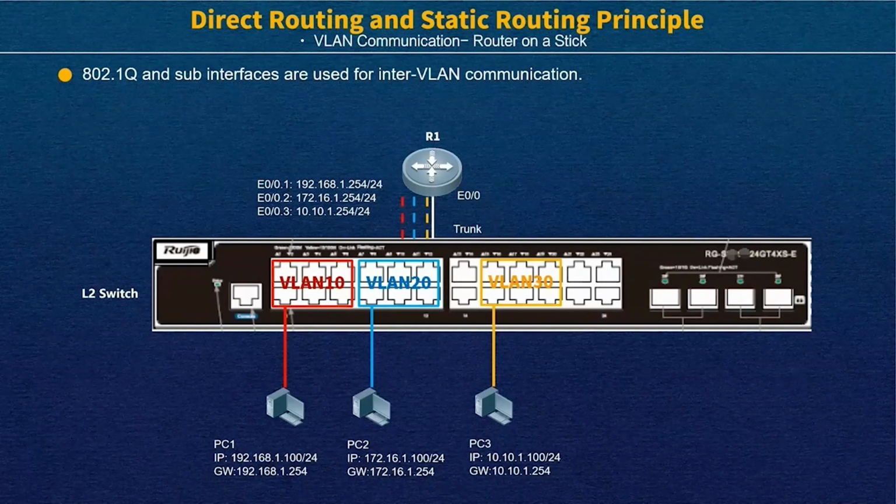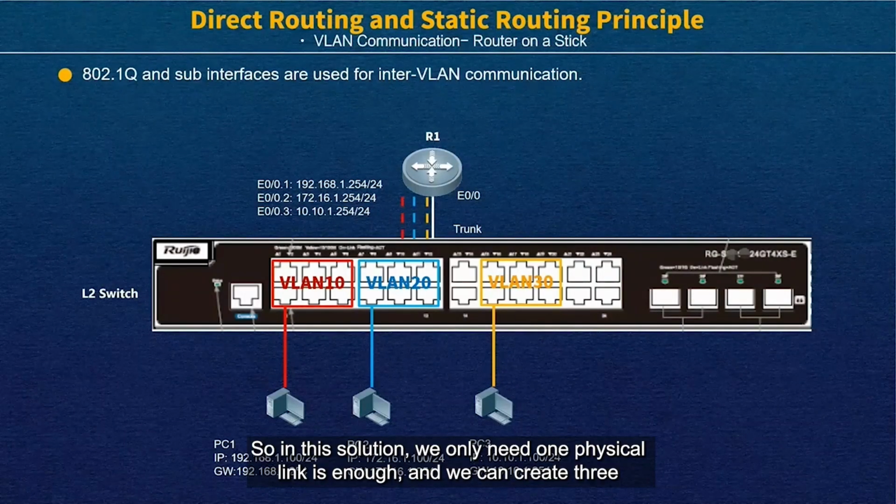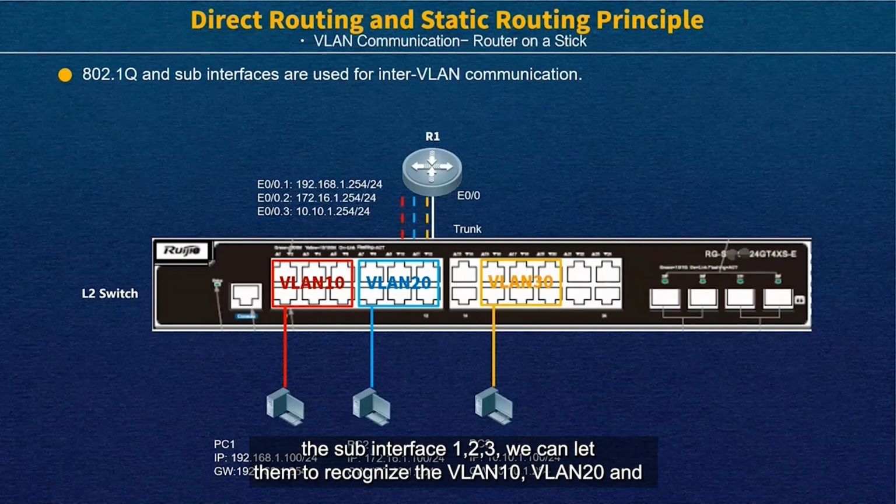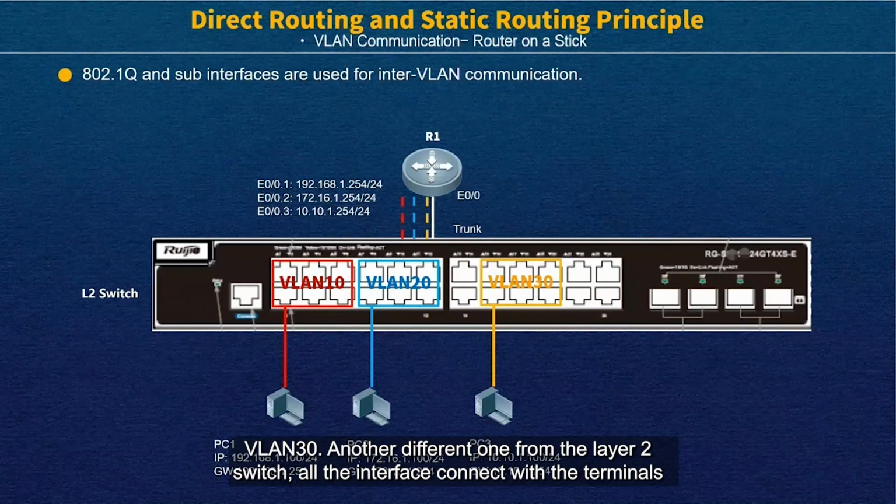And the other one maybe carries VLAN 20, so you can send this message to the other sub-interface to deal with it. So in this solution, only one physical link is enough, and we can create 3 sub-interfaces and give them IP addresses, and then we can get 3 direct routes. And the sub-interfaces 1, 2, 3 can recognize VLAN 10, VLAN 20, and VLAN 30.